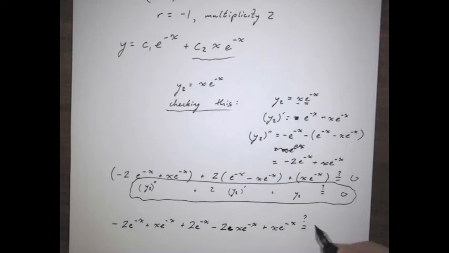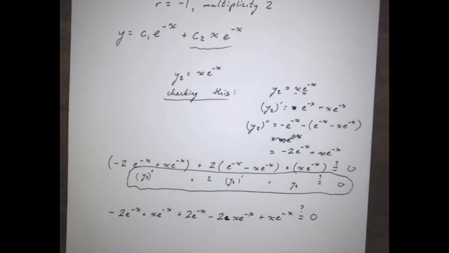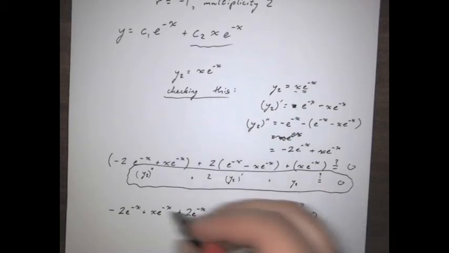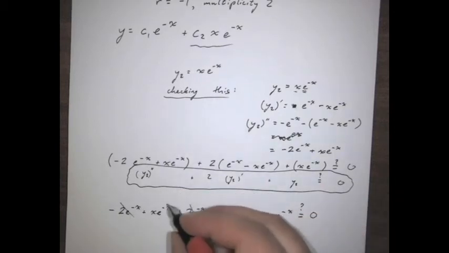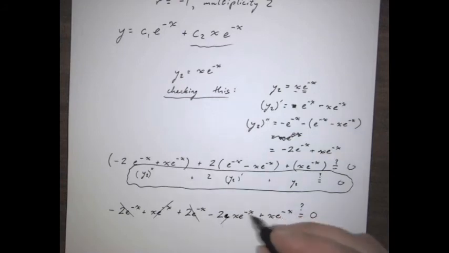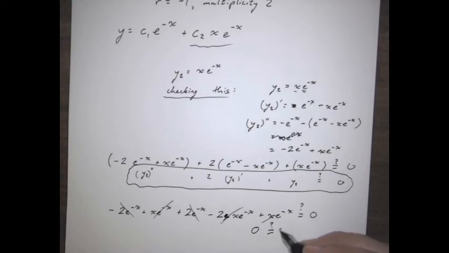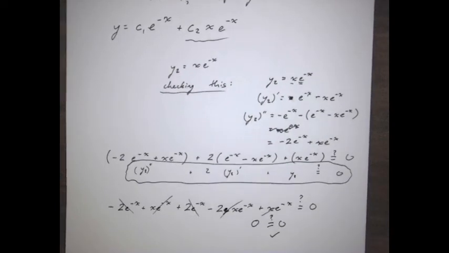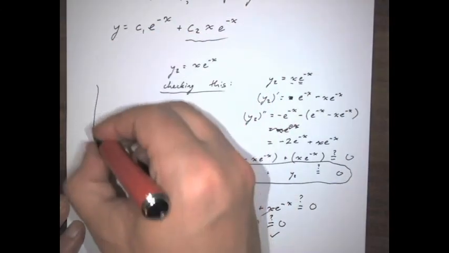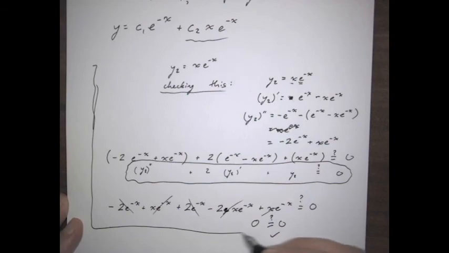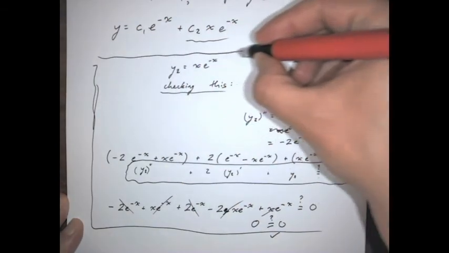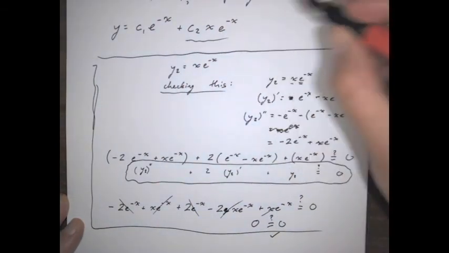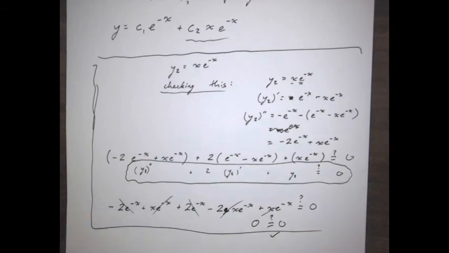Does that truly equal the 0 that it's supposed to be? And here, that cancels that, and these all cancel each other, and so indeed 0 does equal 0, and it checks. So this was all just because we'd never seen one of these yet, and we wanted to make sure that this second branch, the second term here, actually did make sense.